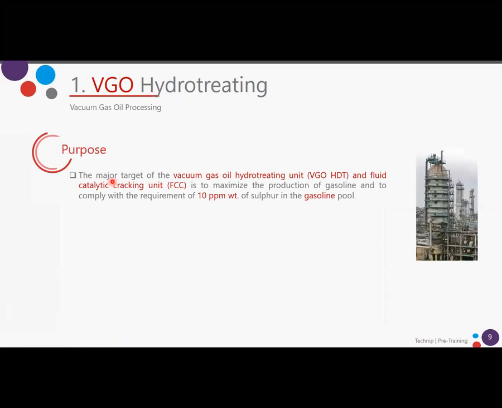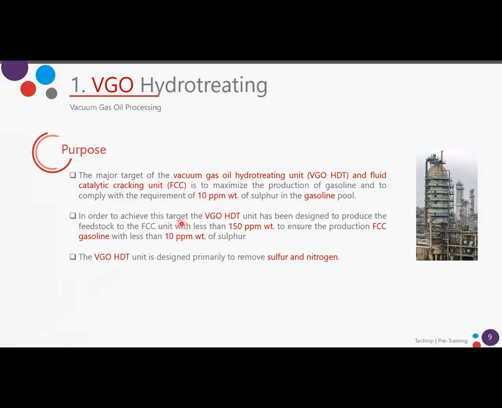So the major target of the vacuum gas oil hydrotreating unit and the fluid catalytic cracking unit is to maximize the production of gasoline and to comply with the requirement of 10 ppm weight of sulfur in the gasoline pool. This is a very specific restriction in gasoline: not to have more than 10 ppm of sulfur.